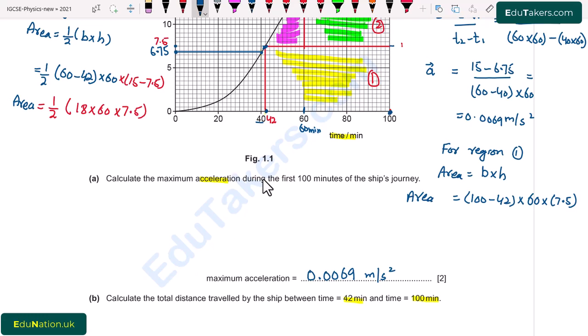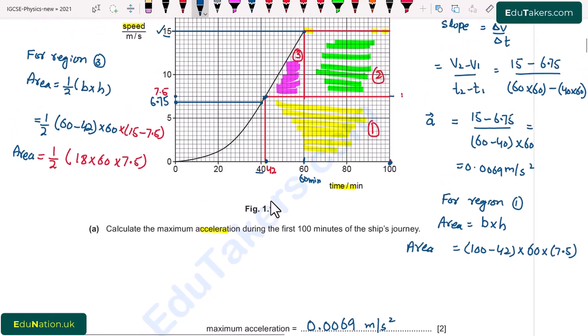We also have to calculate the area of the second region. So here we can see that in the second region, it starts from this point and ends at this point. So at the final, the speed is 15, while at this point, the speed is 7.5. So at this position, the time is 100 and at this position, the time is 60. So I write here for region 2, area will be equal to, here base is 100 minus 60.